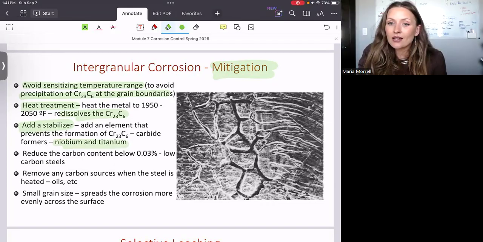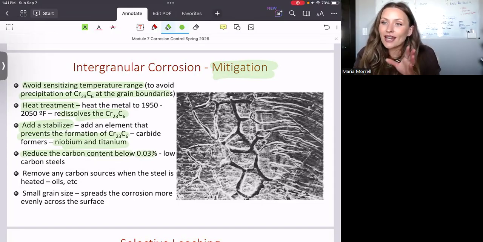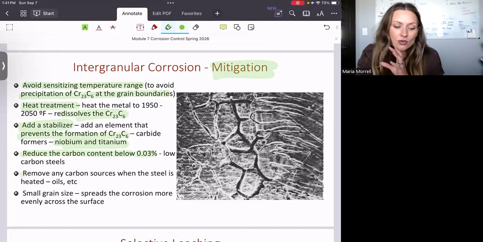Adding either of those elements prevents the formation of chromium carbide. You can also reduce the carbon content below 0.03%, and those we call low carbon steels. But doing that is not enough. You also need to make sure that you remove any carbon sources when the steel is heated.